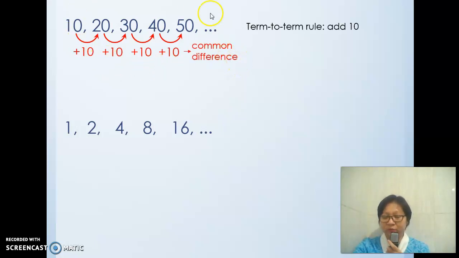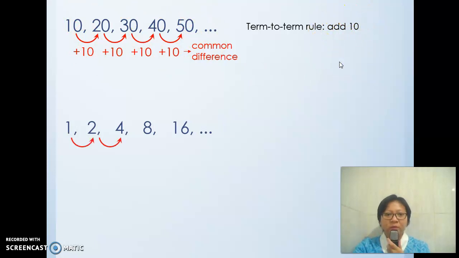It means the same for all pairs of consecutive terms here. Now, we can say that the term-to-term rule for the arithmetic sequence, option A, is add 10.